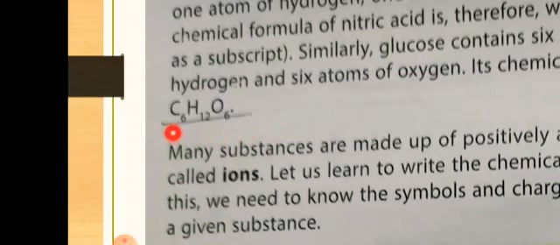Glucose is made from 6 atoms of carbon, 12 atoms of hydrogen and 6 atoms of oxygen. So this is the way we can write at the right side. We can't write 6 here. We can't write 12 here. We can't write 6 here. We have to write it here. It means 6 carbon, 12 hydrogen and 6 oxygen.